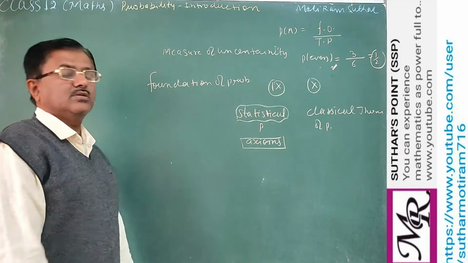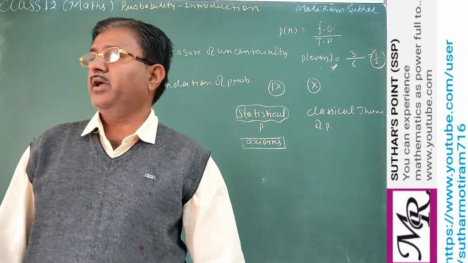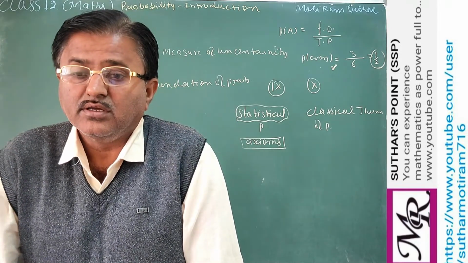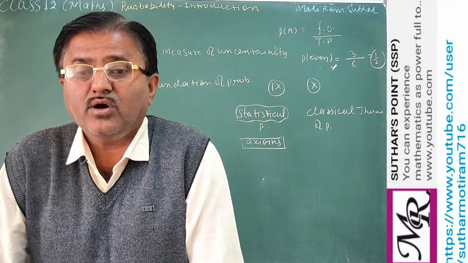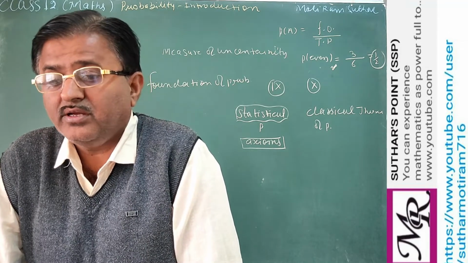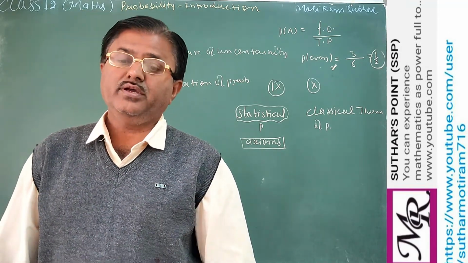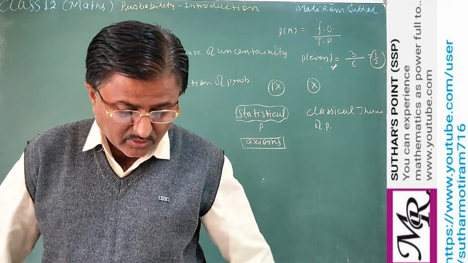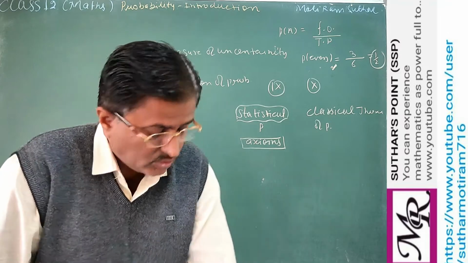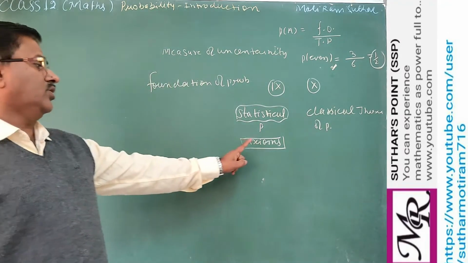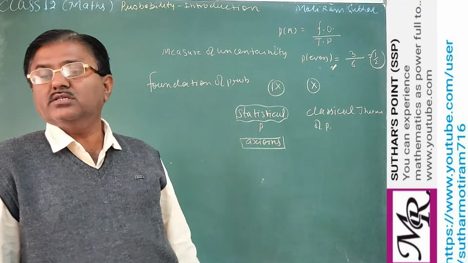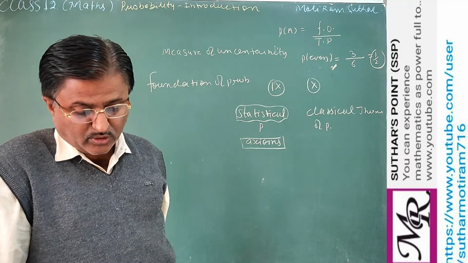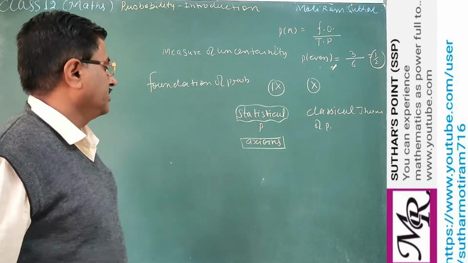In this book he gave some axioms, and based on these axioms gave the interpretation of the probability in a new way. So this approach is based on axioms, that's why this theory is known as the axiomatic approach of the probability.